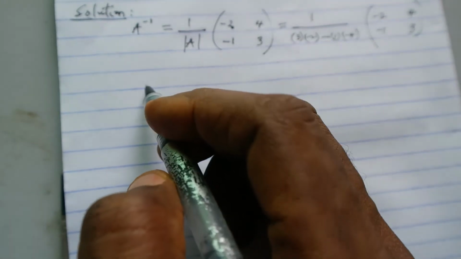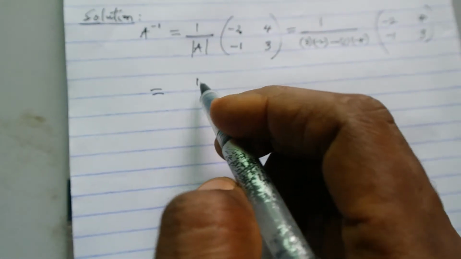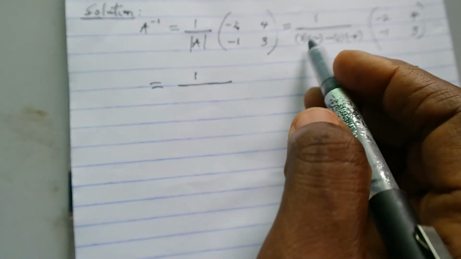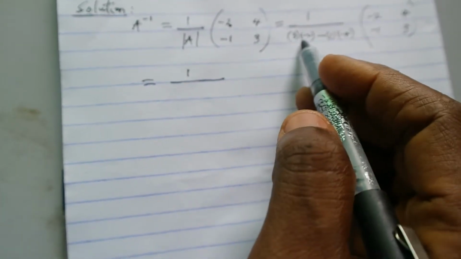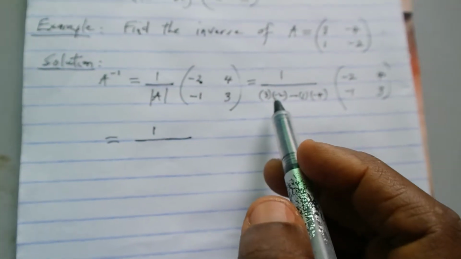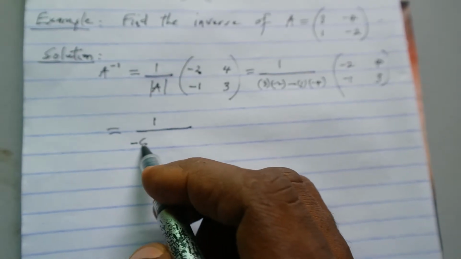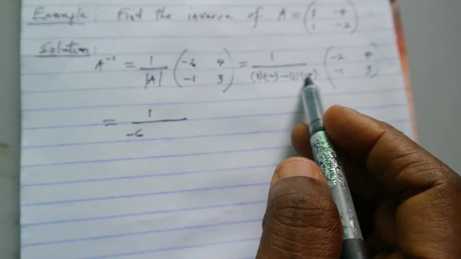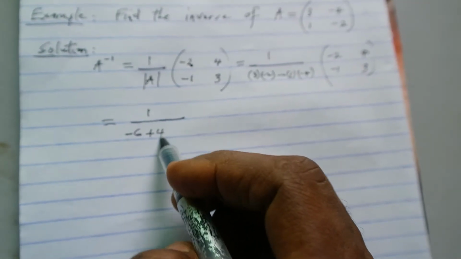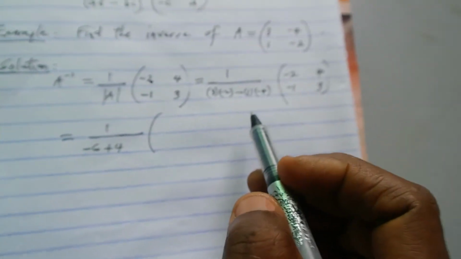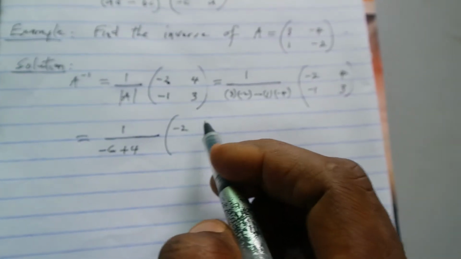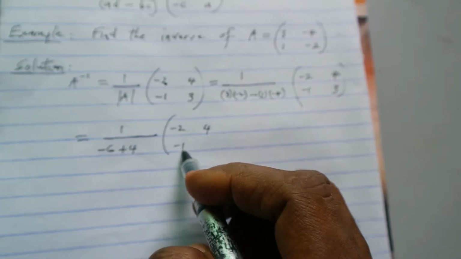Now, from there, we're going to have 1 over 3 times minus 2, so that's minus 6. Minus times minus here will give us plus, so we have plus 4 there. Then the matrix here remains the same: minus 2, 4, minus 1, 3.